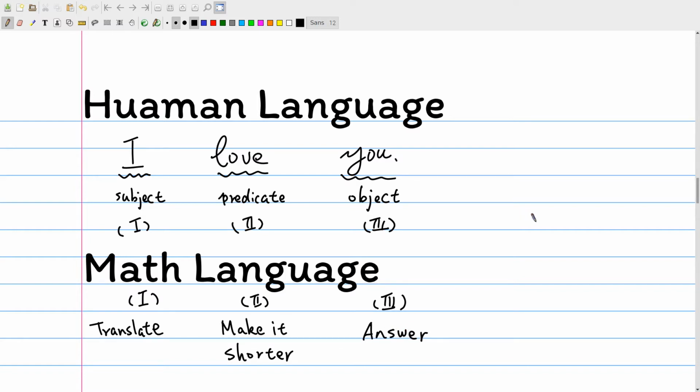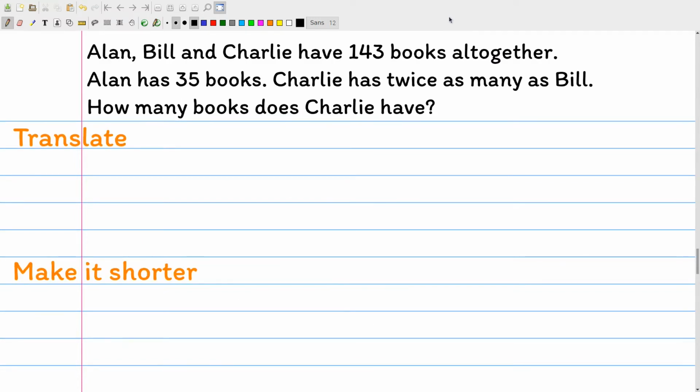That's it. Let's dive into a very specific example, then you can see what I mean. This is a very simple elementary school level math problem. Let's read the problem. Alan, Bill, and Charlie have 143 books altogether, and Alan has 35 books.